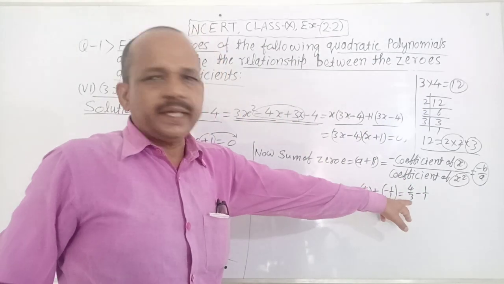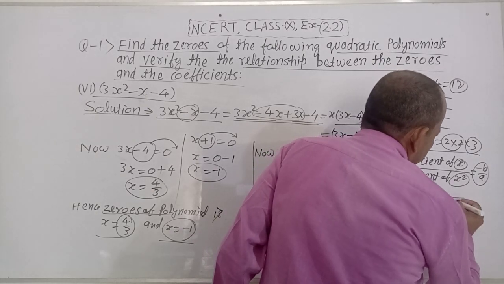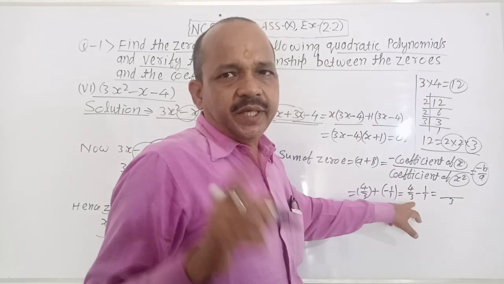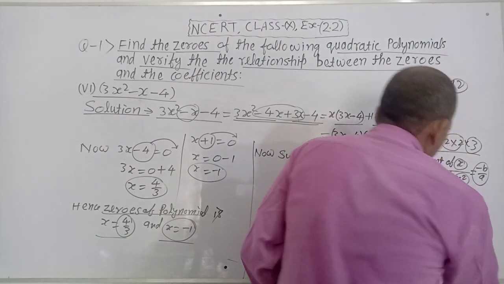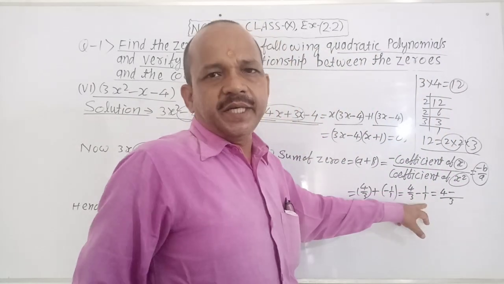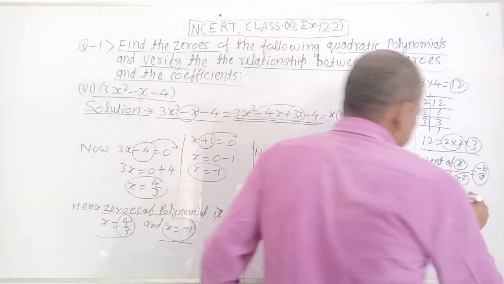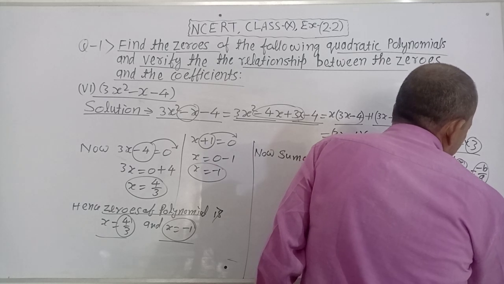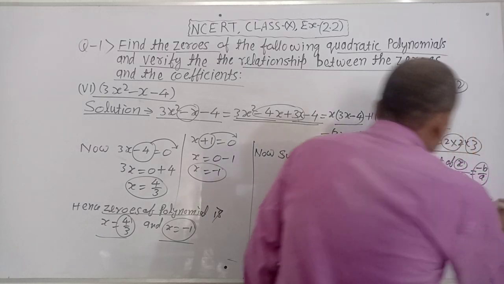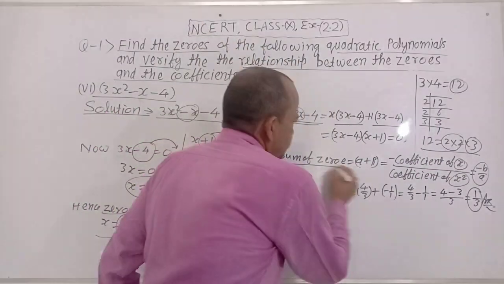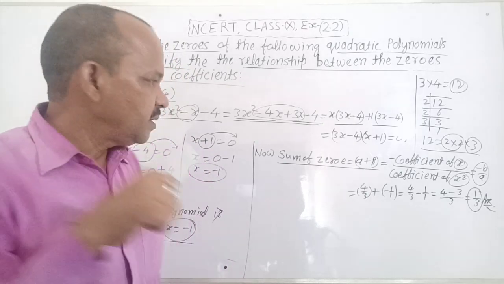You can take LCM 3. 3 divided by 3 you find 1. 1 multiplied by 4 it becomes 4. Minus 3 divided by 1 it becomes 3. 3 multiplied 1 it becomes 3. You find 1 by 3. Answer. You find sum of zeros equal to 1 by 3. It is clear?